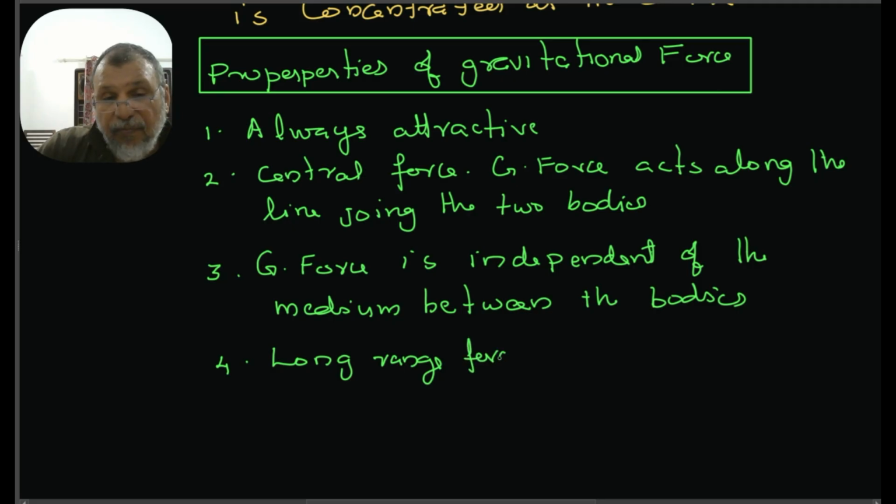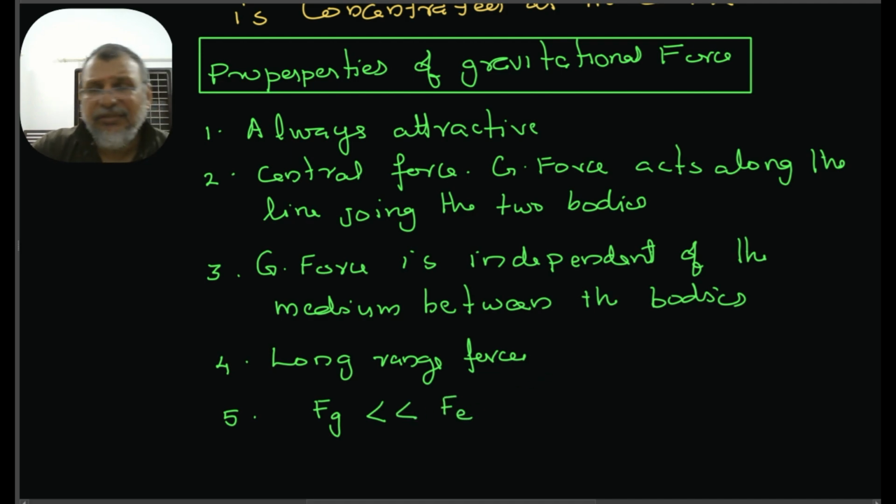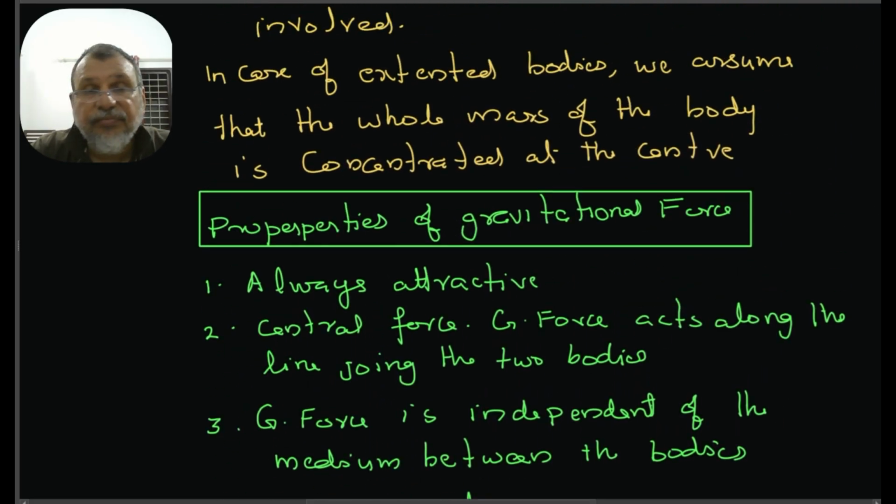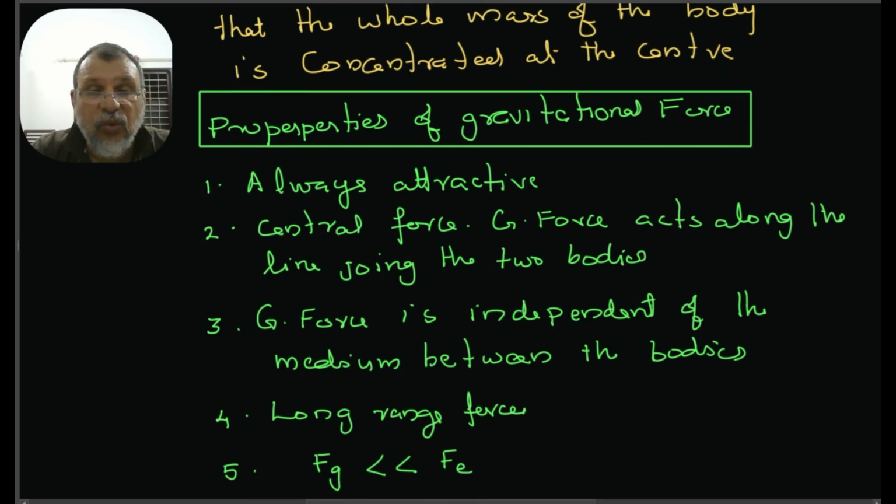And if you want, you can add the other property as well: Fg, which stands for the gravitational force, is far less compared to the electrostatic force Fe. So these are some of the properties of gravitational force. You can see that it is always attractive.